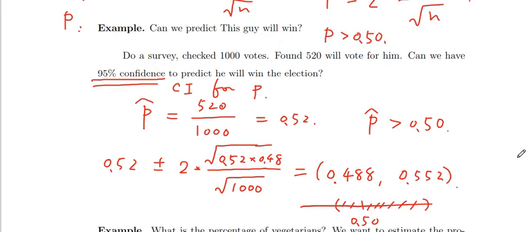This 1,000 people is also not so big, because compared with all voters, all people, in the hundreds of millions, this 1,000 is just too tiny, too small.